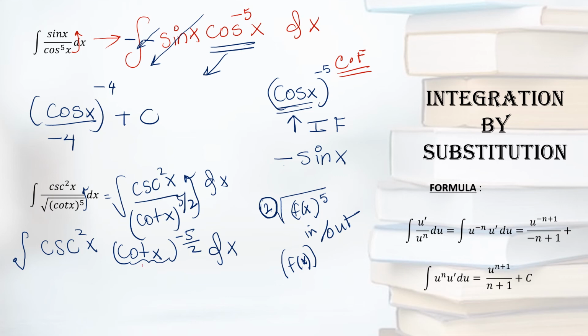Because the derivative of cot x is negative cosec squared x. It is already there. So make sure that you remember all the derivatives of the functions, because if you do not remember, life will become miserable and it will not help you in doing such difficult questions. So the derivative of cot x is negative cosec squared x.